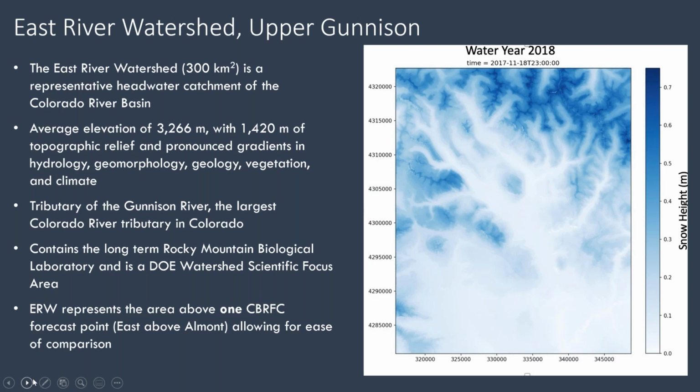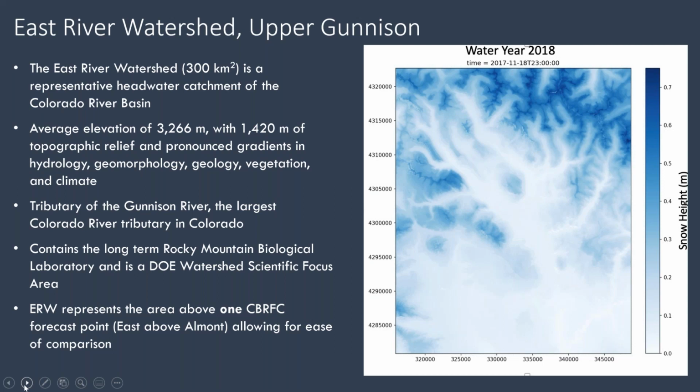The average elevation is just over 3,000 meters, and there's some decent topographic relief within this watershed. It's got kind of everything there. It's got pronounced gradients in hydrology, geomorphology, geology, vegetation, and climate. It's also not as heavily dust impacted as the San Juan, so we get something that's a little more representative of the full headwaters.